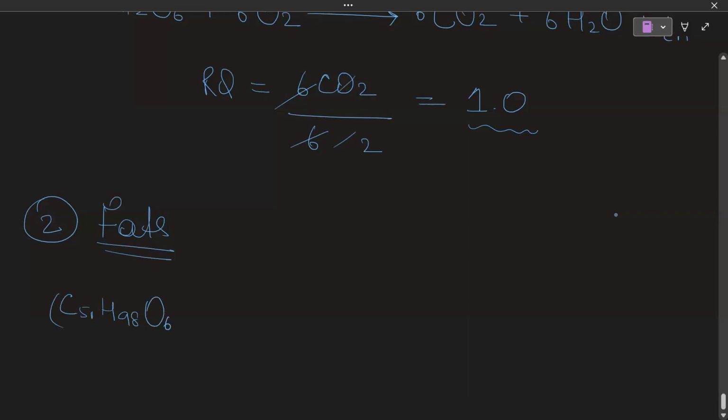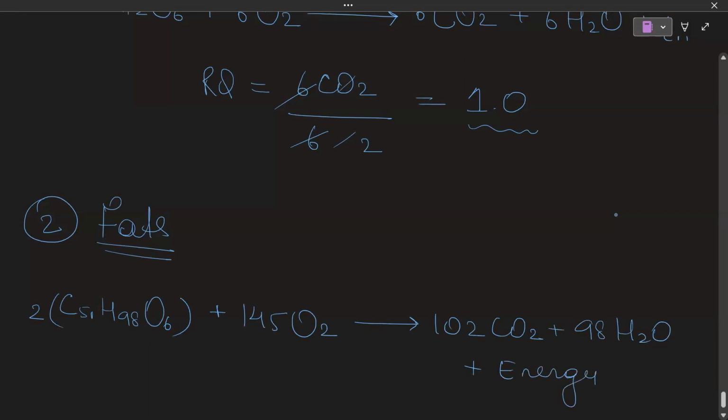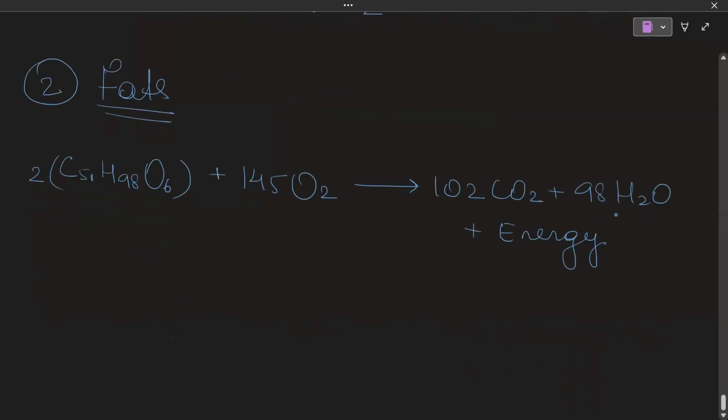See, 98 H molecules plus 145 O2 gives us 102 CO2 plus 98 H2O plus energy. So this reaction won't be asked, but this molecule is tripalmitin, and tripalmitin is a fatty acid.